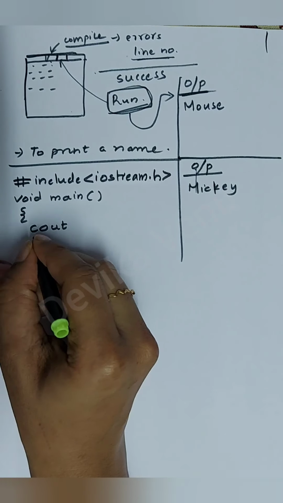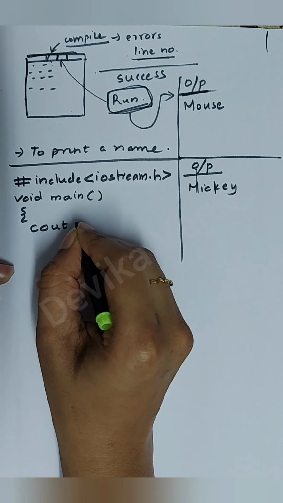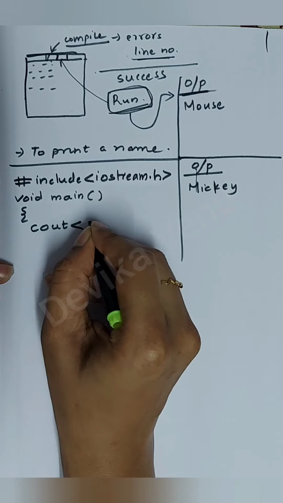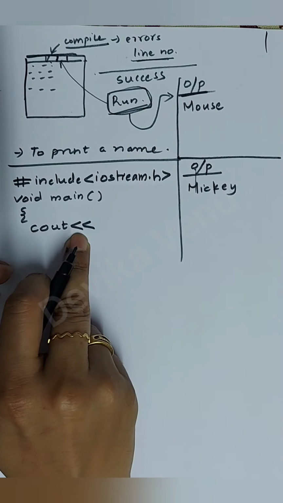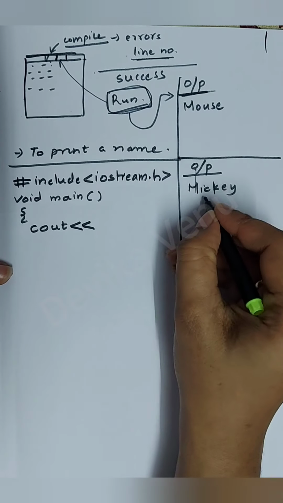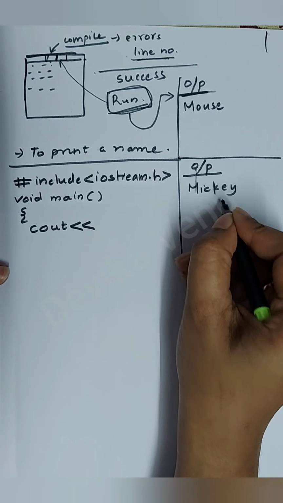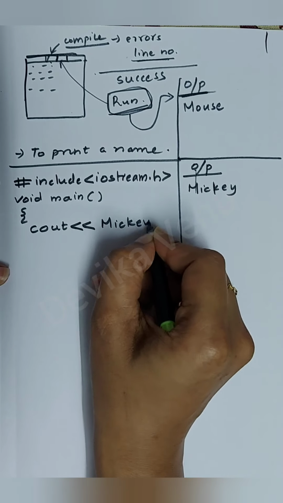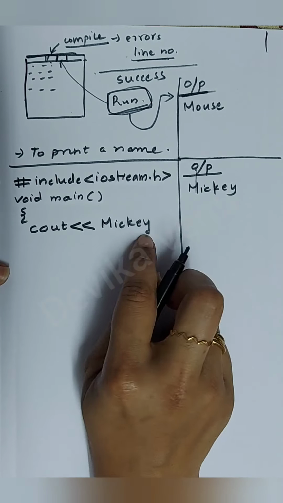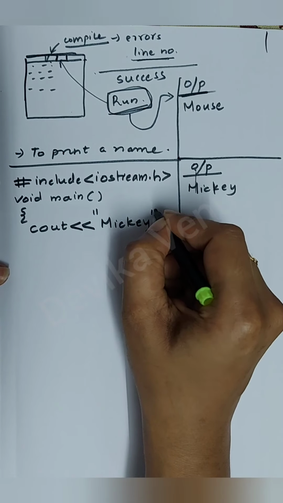So after writing the cout, you have to write this operator. cout, this operator, and which name is needed? Mickey. So I am writing Mickey, and it should be inside the double quotes.